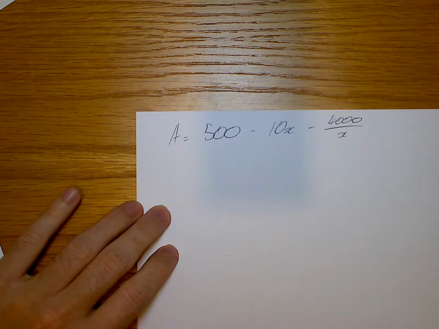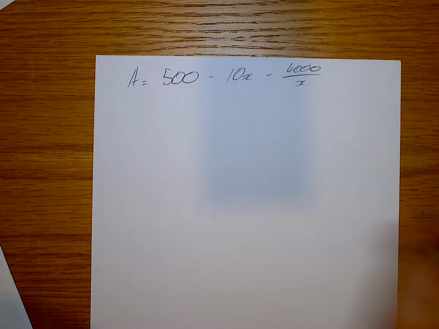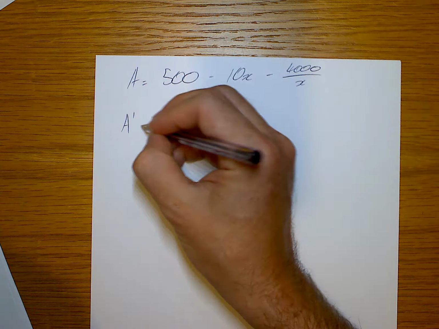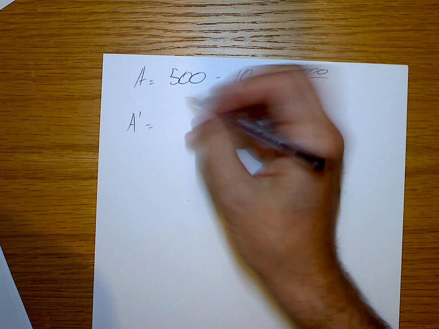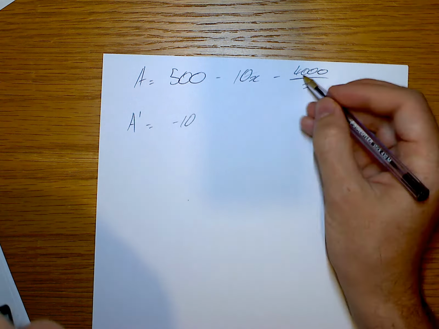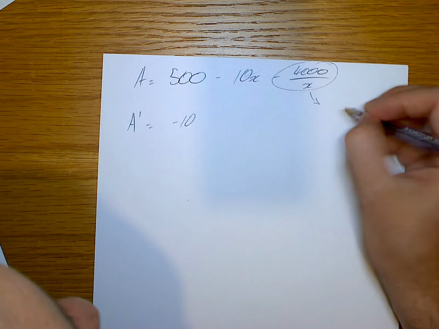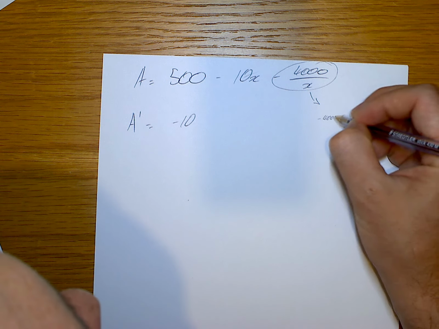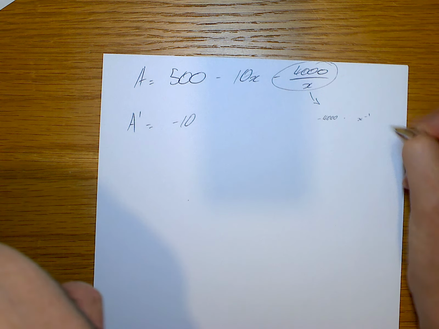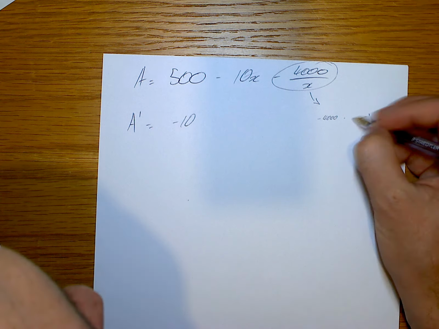Now, if we want to do part B of this, all we've got to do is differentiate it. This 500 will go away. This will be minus 10. Now, what happens here is we are differentiating just to bring this off to the side: minus 4,000 times x to the negative 1. Differentiate this part. That negative 1 comes down.